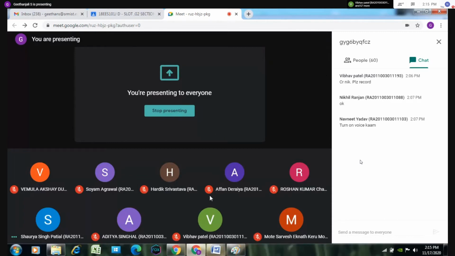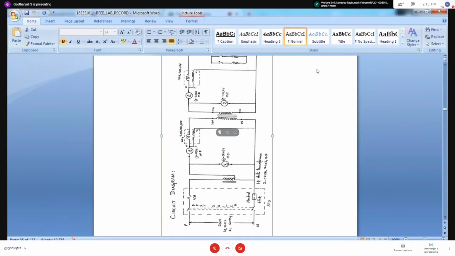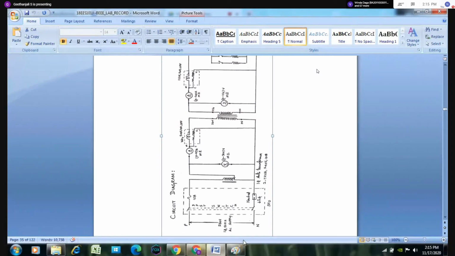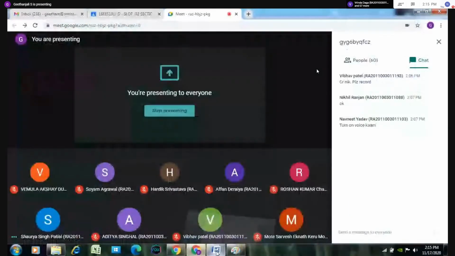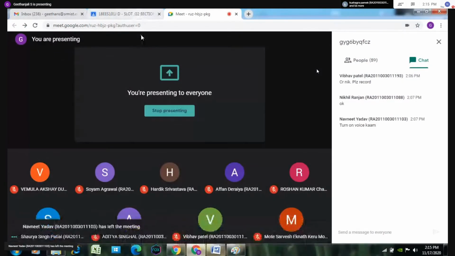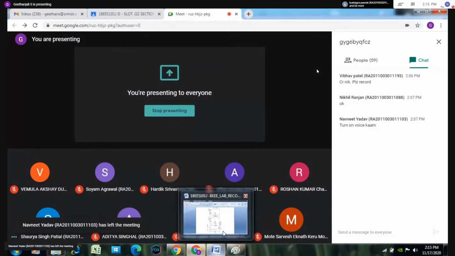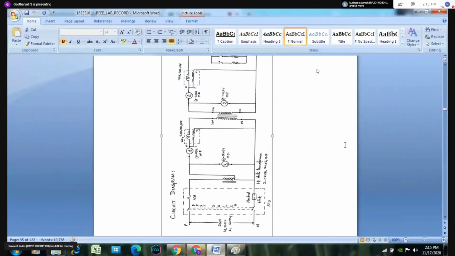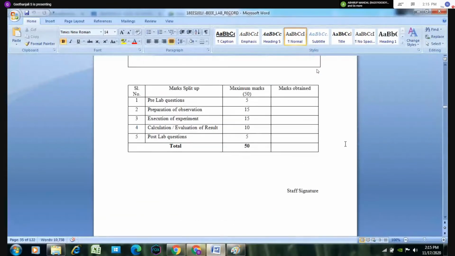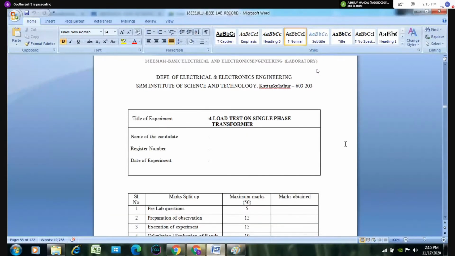So today's experiment is load test on single phase transformer.